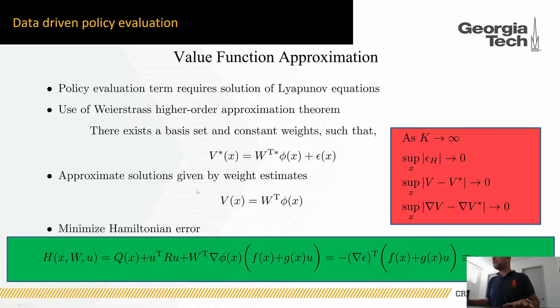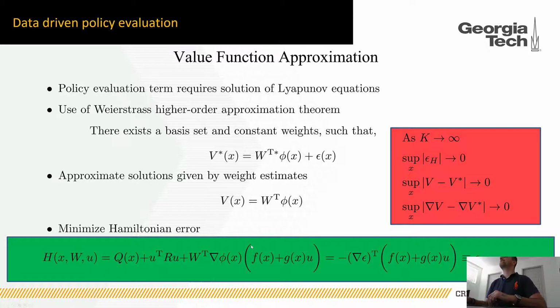As I increase my number of neurons or my number of bases, according to the Weierstrass higher order approximation theorem, my error will be very, very close to 0, and I will approximate my V star and also my dV/dx, which is this one over here.